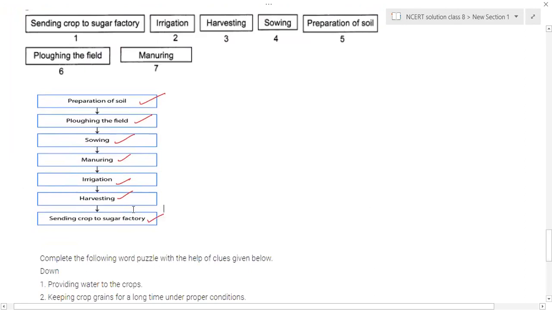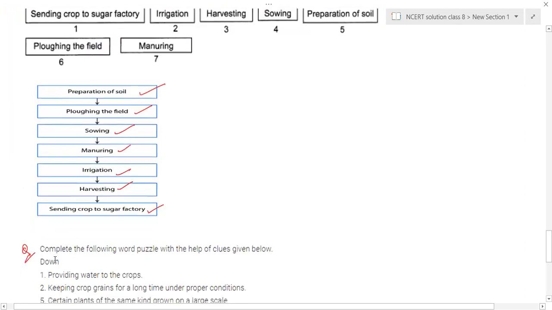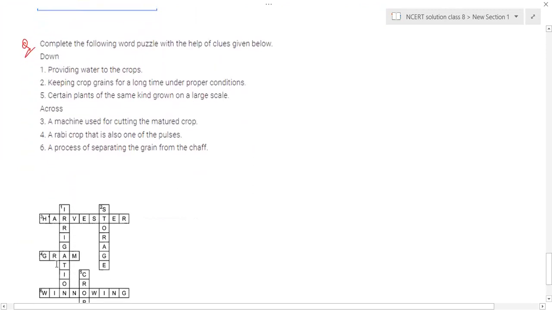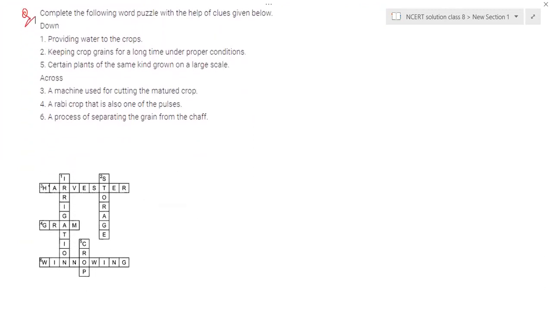The last question is a very interesting puzzle. This has already been solved by me here for your convenience. Providing water to crops is irrigation. Keeping crop grains for a long time under proper circumstances is storage.